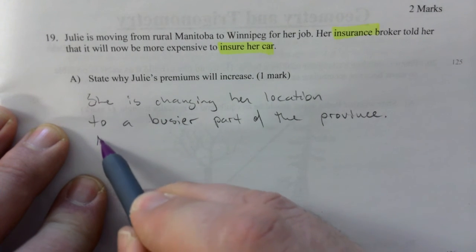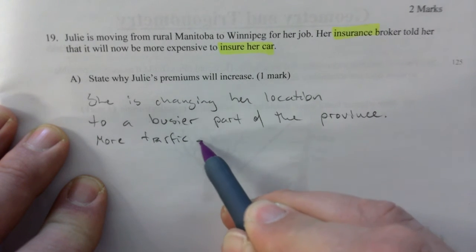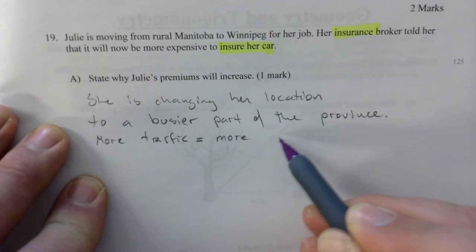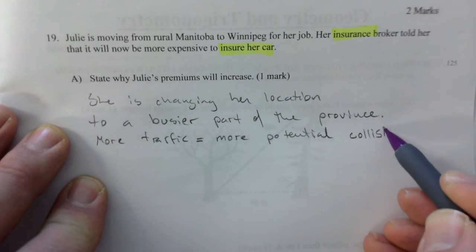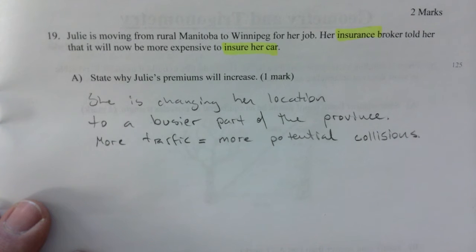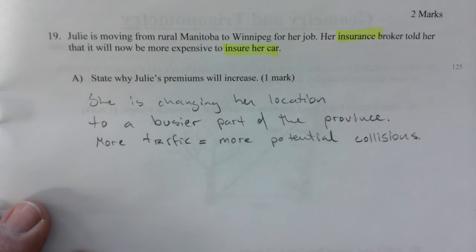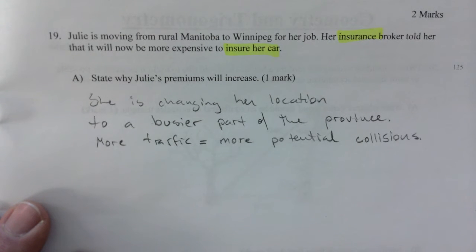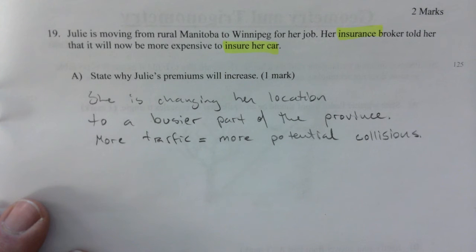More traffic equals more potential collisions. If you want to say accidents, go for it. She's changing her location, and that's why that is going to be the case. You can say denser. Rural is more spread out. But that would be the main reason why it will be more expensive.